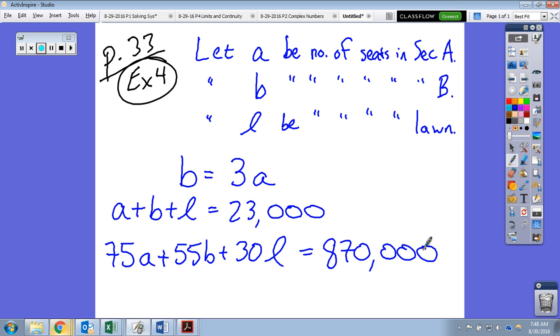And this is one of the fundamental keys of algebra, to let some letter represent an unknown quantity. So you're allowed to do this. I'm just saying I'm going to let the letter A be the number of seats in section A, because I don't know how many there are off the top of my head. Okay? I'm going to let B, and you understand all these little double quote marks, what they mean? That just means the word above it.